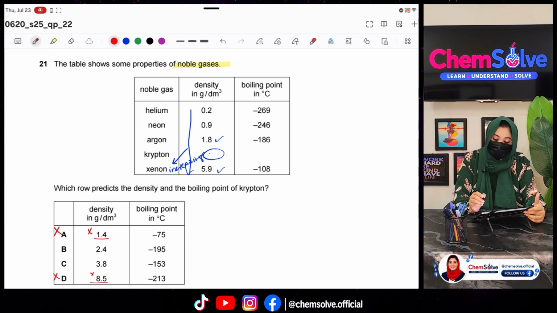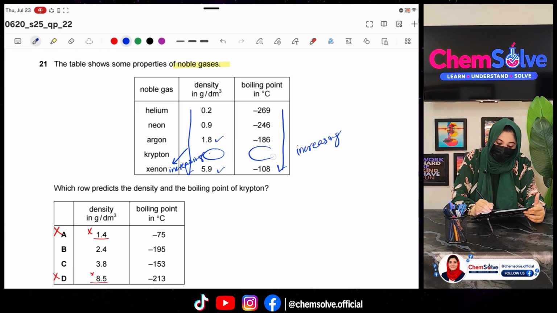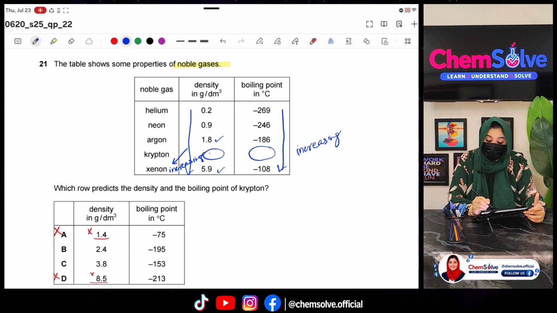Let's see. Now look at the boiling point trend. Boiling point is also increasing. Down the group, the boiling point is increasing. So we need a boiling point that is in between minus 186 and minus 108.